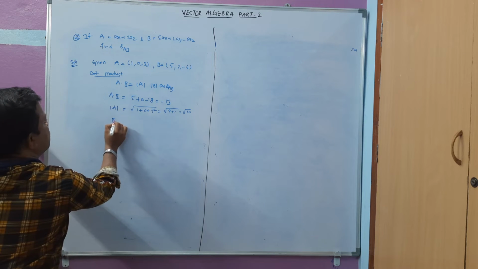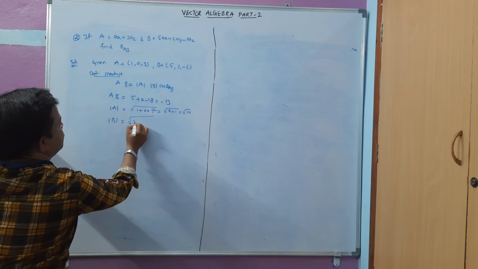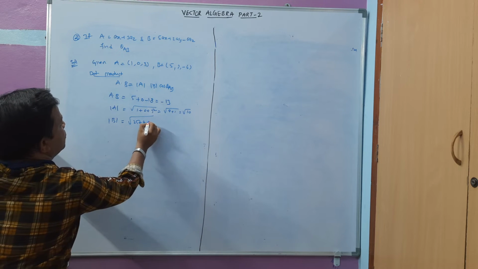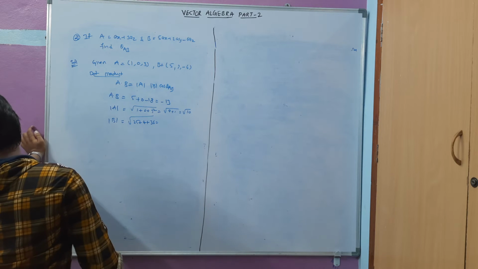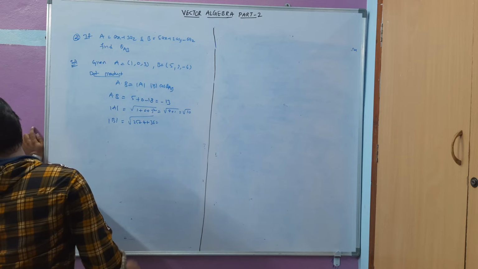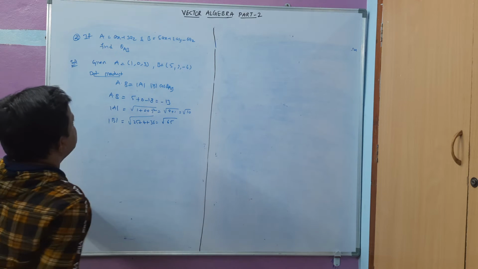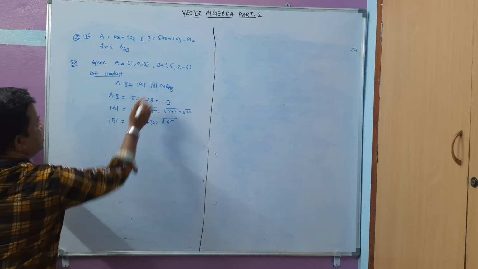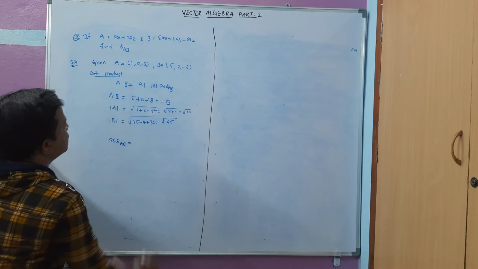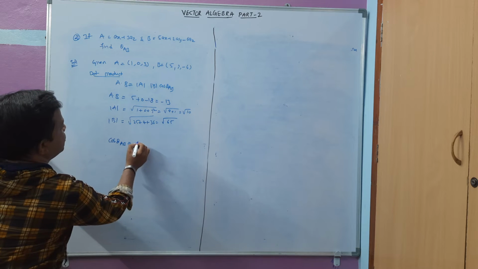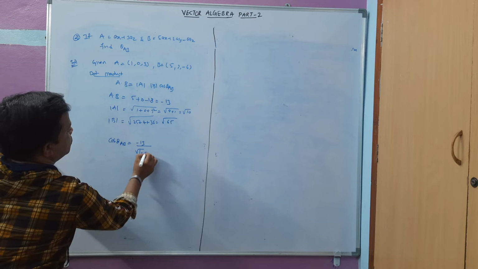Similarly, mod B will give me 5 square 25 plus 4 plus 36, which will give me root 65. Next we apply the formula. Cos theta of AB is equal to A dot B, minus 13, by root 10 into root 65.